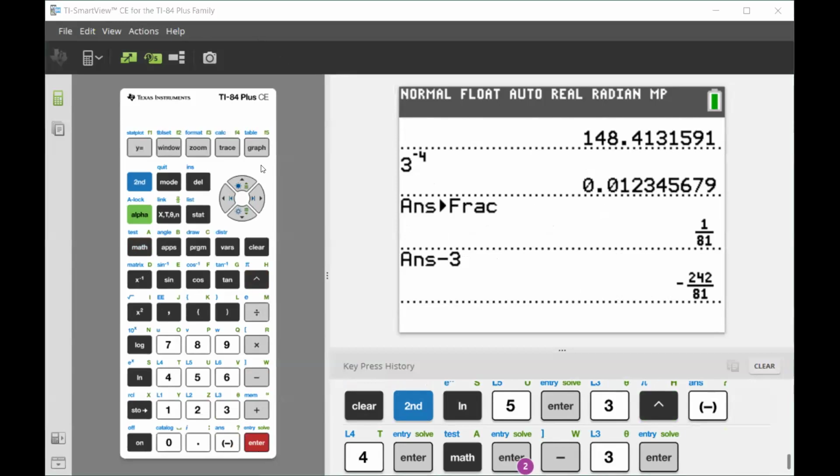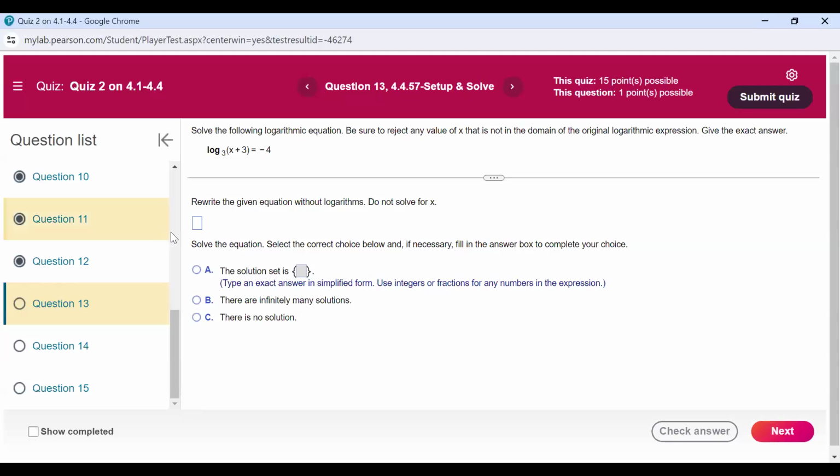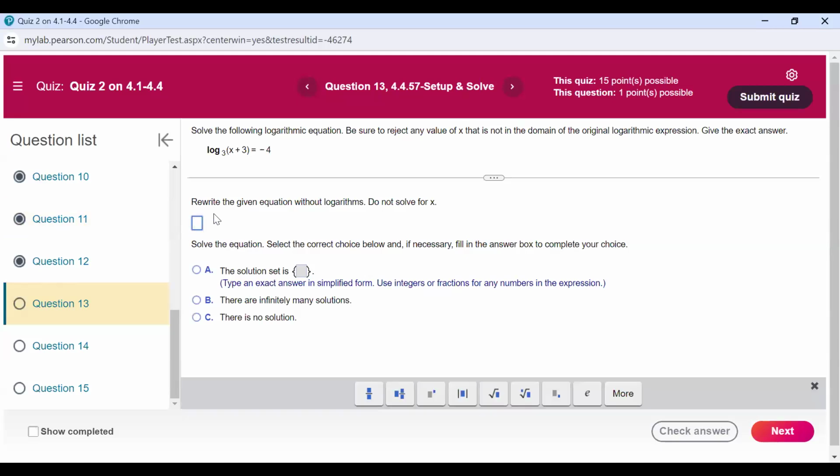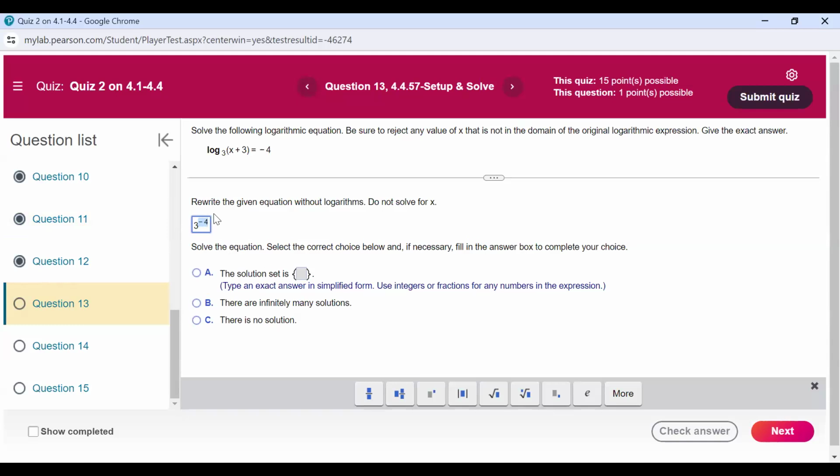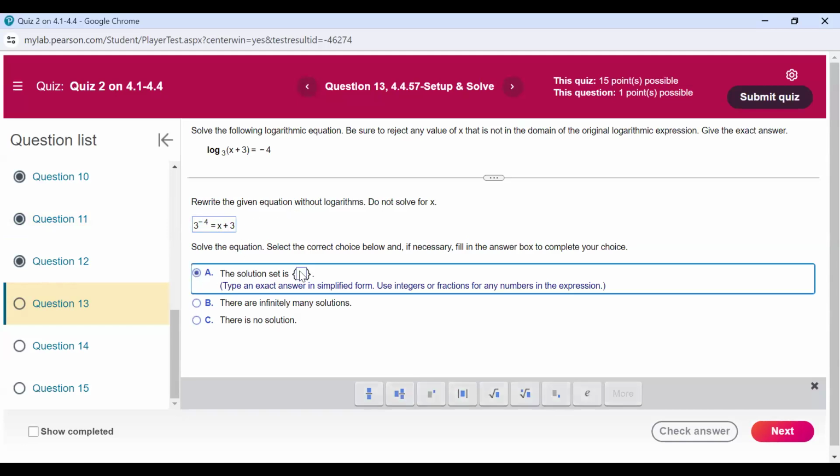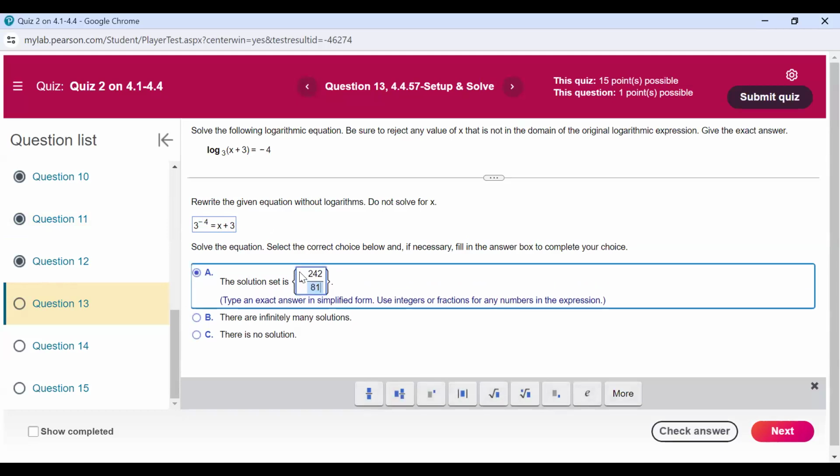Okay, so going back to the main screen. So here I would write 3 to the -4 equals x plus 3. You're just rewriting the given equation in exponential form and then writing the solution set here, -242 over 81.